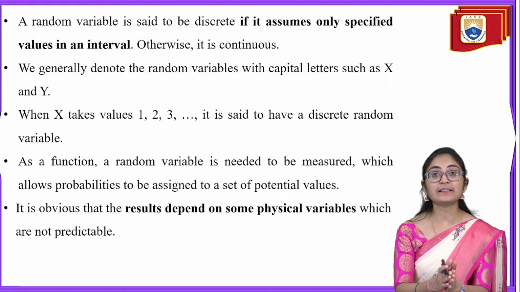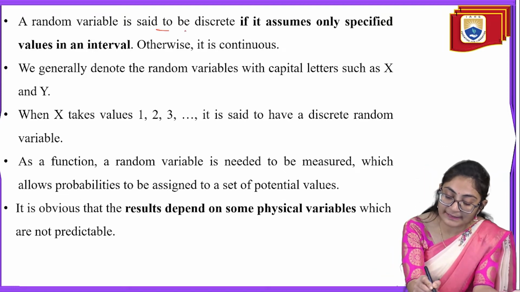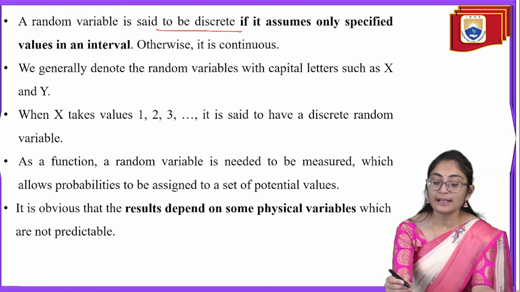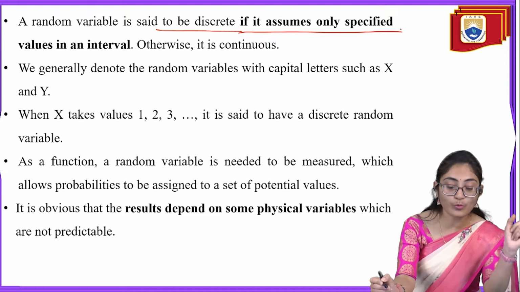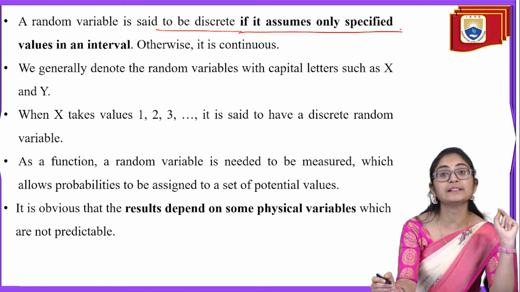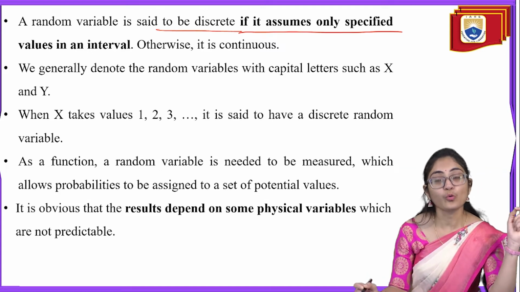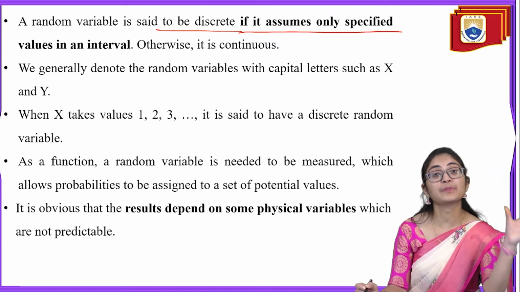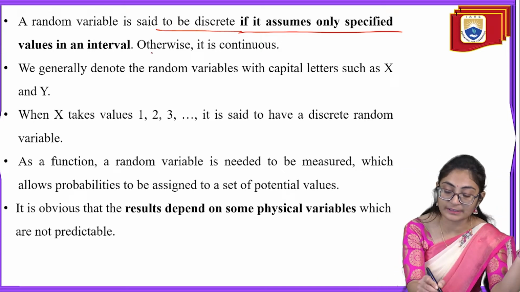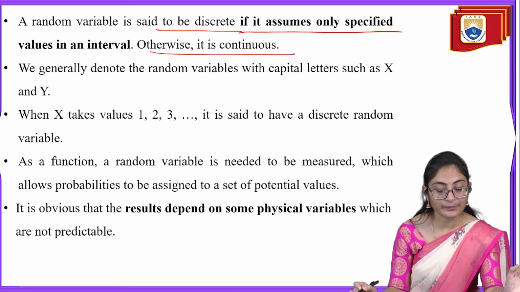A random variable is said to be discrete if it assumes only specified values in an interval; otherwise it will be continuous.